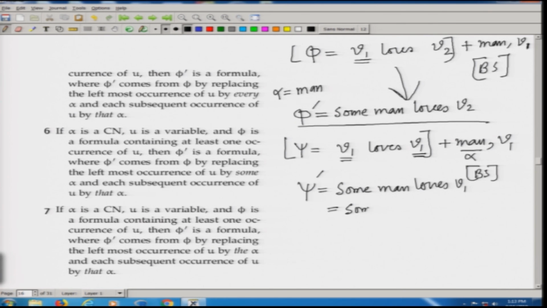So some man loves that man, to say that they are the same person.